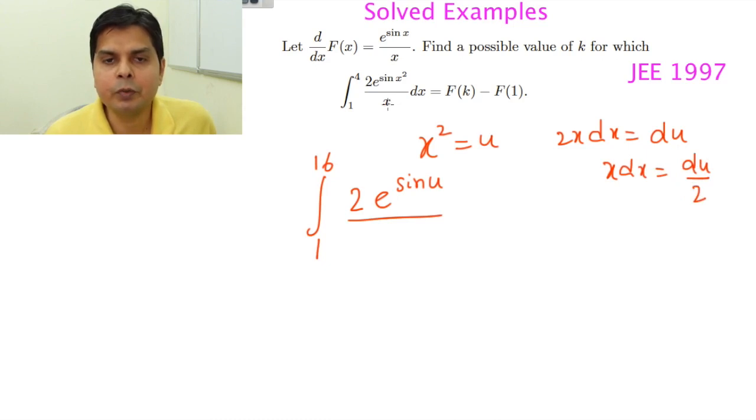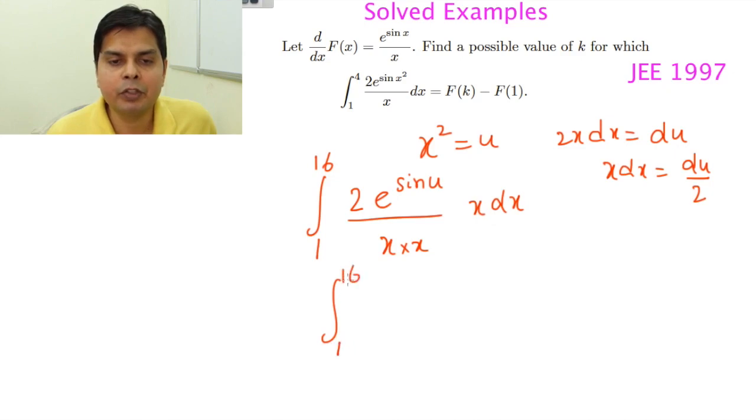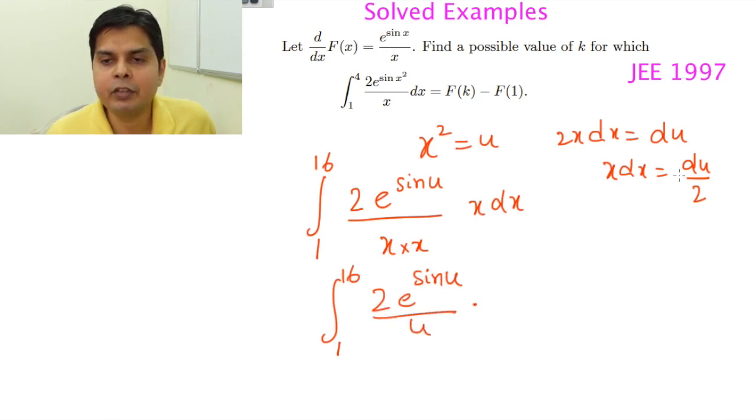So here what I do is I multiply x in the denominator and x in the numerator also. So I get x dx, and this x square will become u. This 2 I can bring out, and this x dx is here. So this will become the integral from 1 to 16 of 2 e to the power sin u, and since x square is u, it will become u. x dx is equal to du by 2, so this will become du by 2.